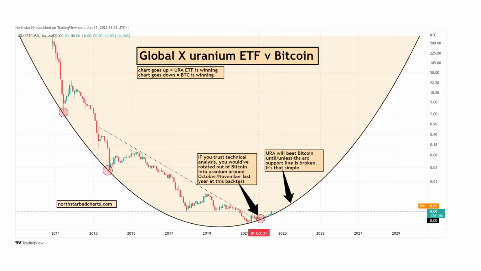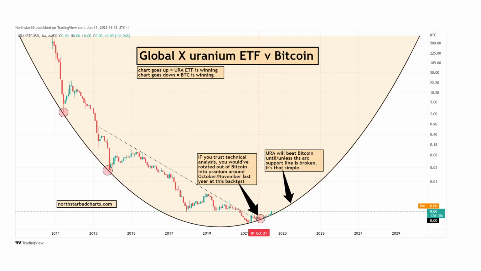Here's another one. This is the Global X Uranium ETF, URA, versus Bitcoin. We were in a large decline for a period of time here, and what you notice is that we've broken the downtrend line. URA is starting to outperform Bitcoin.